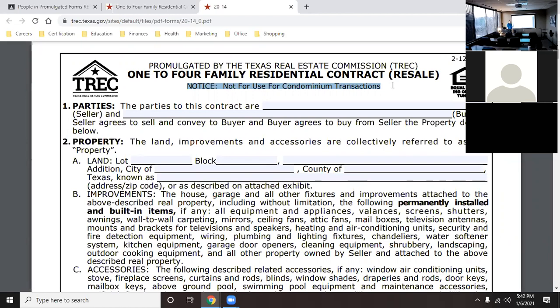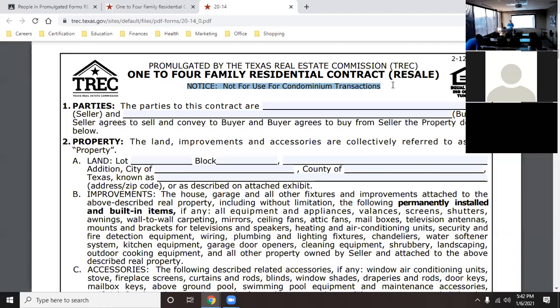And so in these particular situations, I utilized the condominium form. One of the times I remember, I had a client who was purchasing a house or purchasing a condominium. And so, not knowing any better, I grabbed this form and started filling it all out.